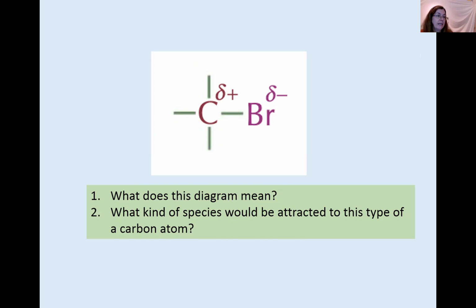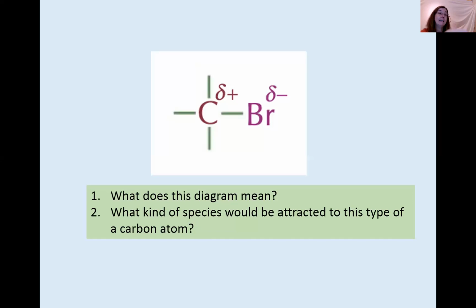So what we see is this diagram is showing us bond polarity. It's showing us that the bromine has got the greater share of the shared electrons. So it's attracting the electrons more towards it than carbon, and so as a consequence it has more of that negative charge. So we use the delta negative, which is slightly negatively charged, and as a consequence carbon has lost its share, if you like.